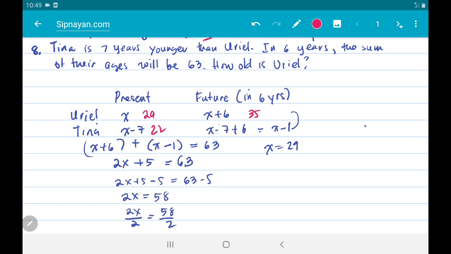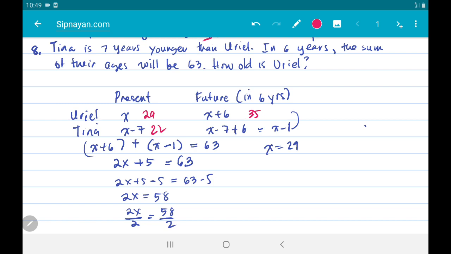35 plus 6, remember, hindi sila plus 6. Minus 7, kasi this is the age of Tina, di ba? So, kung mas bata si Tina ng 7 years ngayon, syempre sa future, mas bata pa rin naman siya ng 7 years, kasi pareho naman silang tumanda.